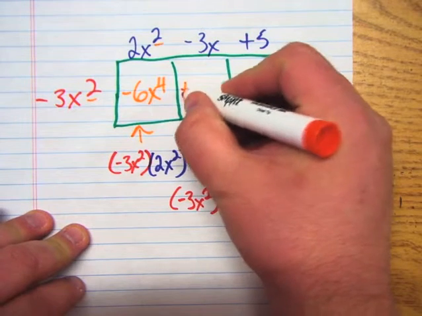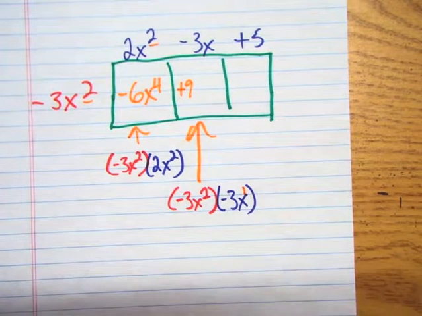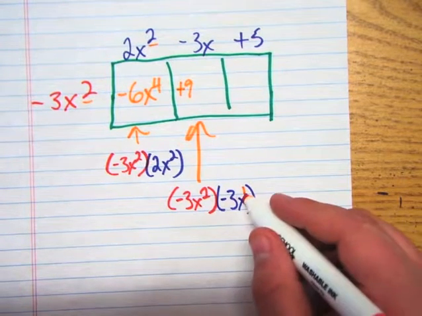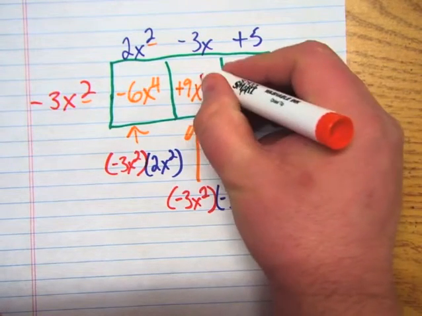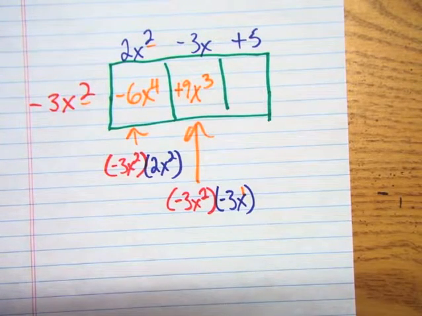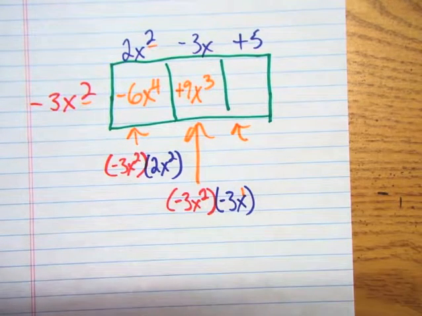So we're going to have a positive 9, and I'm going to put the little positive sign in there. And then x to the third, right? Because this is a 1. We didn't write it down, but 1 plus 2 is 3. Nice. All right, so now what do we do here? We multiply. What am I multiplying here?